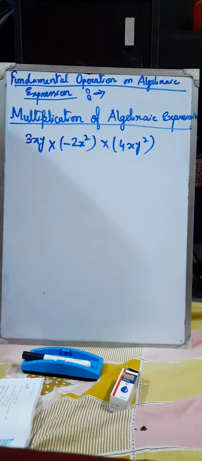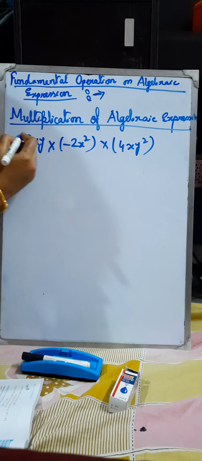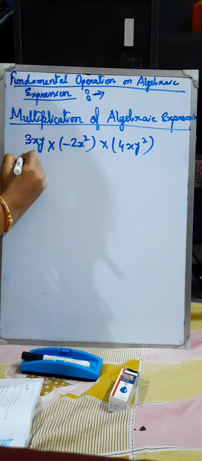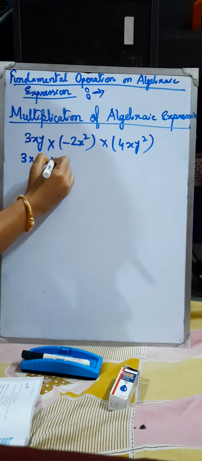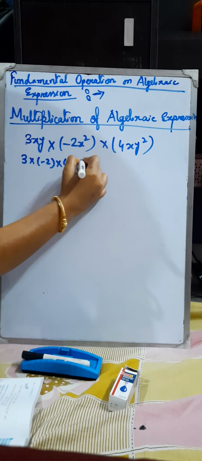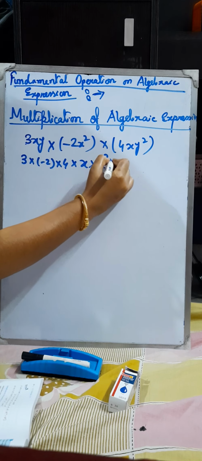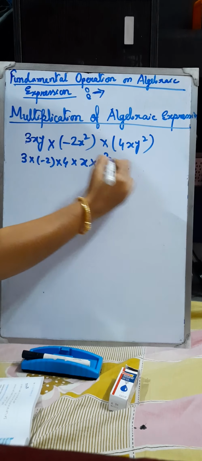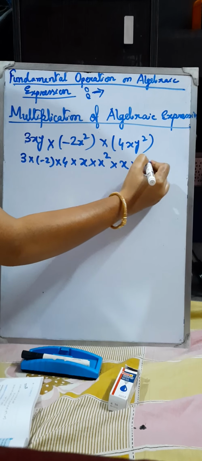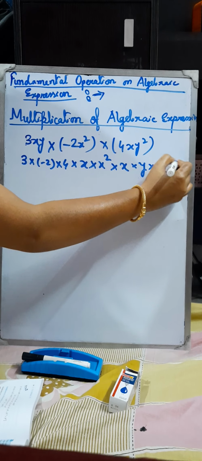First we multiply the numerical coefficients, that means 3 into minus 2 into 4. Then x, here x square and here x. Then y, here no y is given, and there y square.